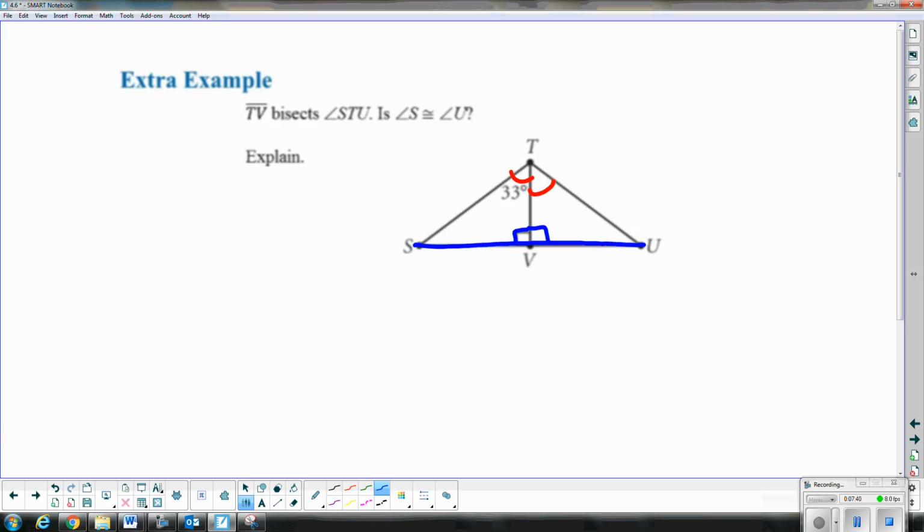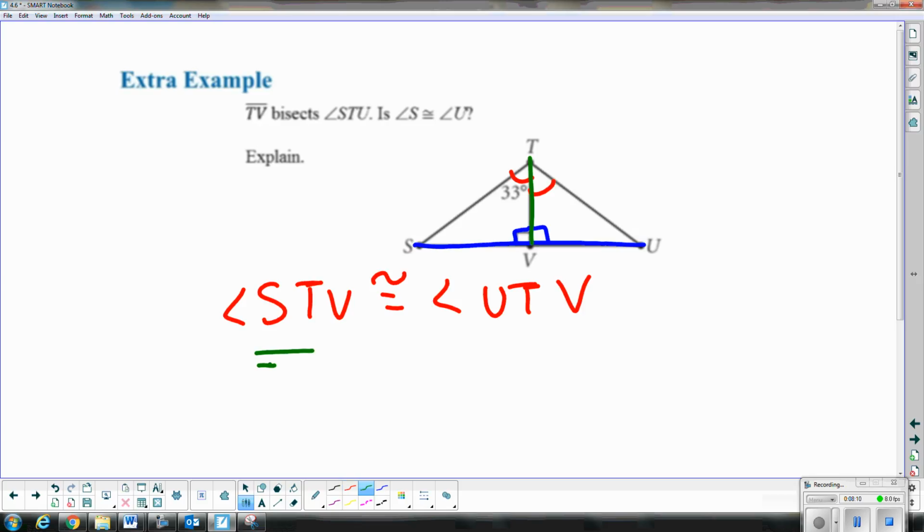So that's two angles. That's not enough to prove that the triangles are congruent. So look at those two triangles, and they share that side, TV. Now we have an angle: angle STV is congruent to angle UTV. We have a side: TV is congruent to TV because it's the same side, a shared segment.